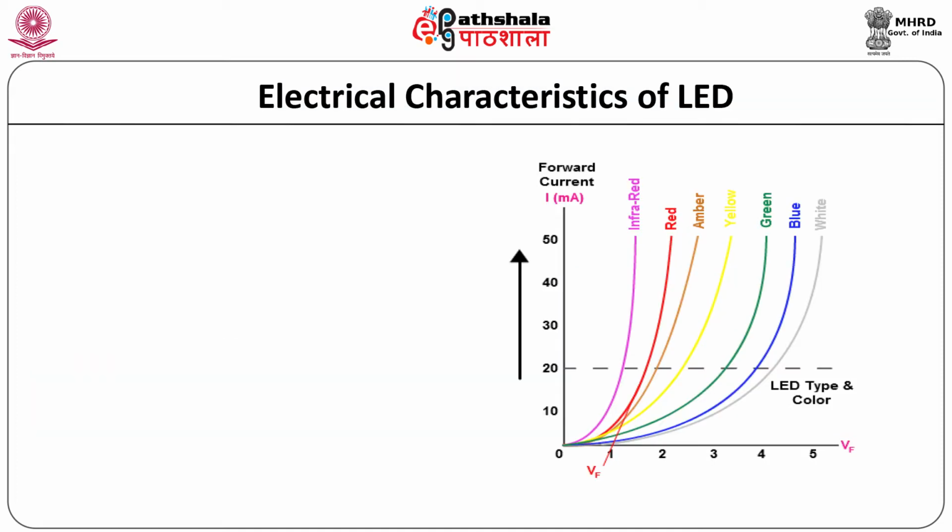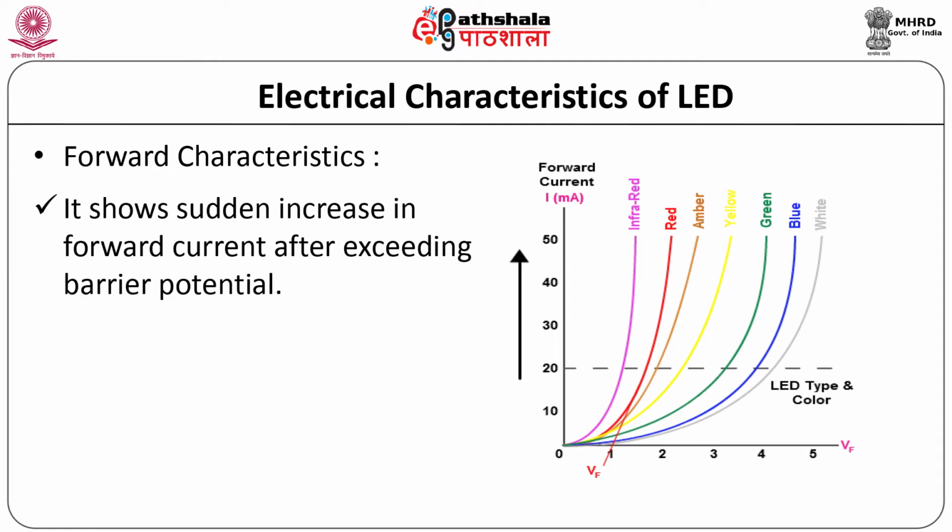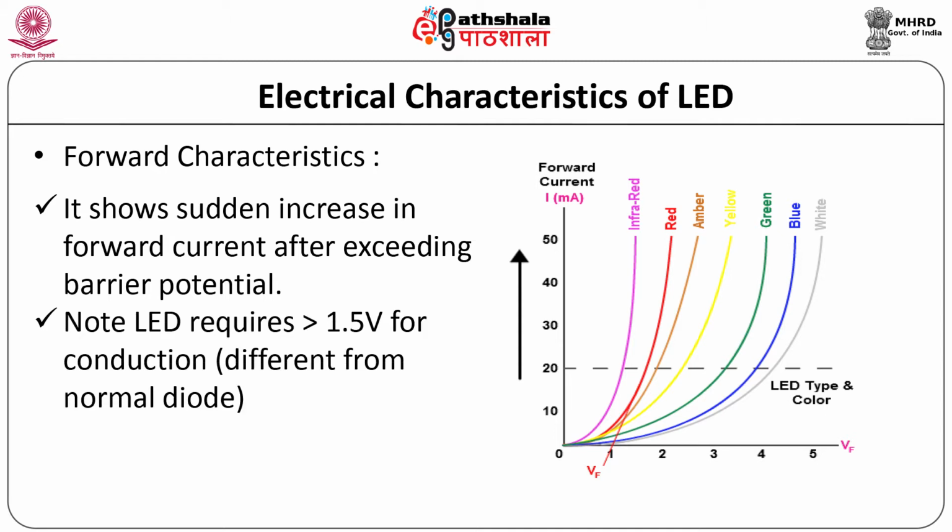This electrical characteristic gives how forward bias current increases with forward bias voltage. It is seen that there is a sudden increase in forward current when voltage exceeds the barrier potential. Note that an LED requires greater than 1.5 volts for conduction. Here it differs from a normal rectifying diode, which requires either 0.2 volt or 0.7 volt depending upon whether the diode is germanium or silicon.